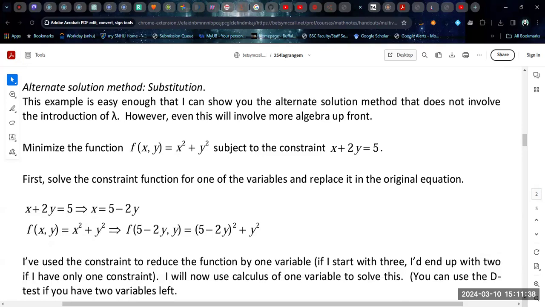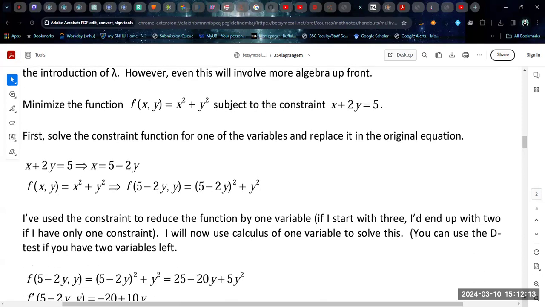Now, for this technique for solving this problem subject to this constraint, there are other ways to go about solving it. And so just, again, so that you're aware of the variety of ways that you can go about this, you can use this constraint to turn this into, instead of a problem of 2 variables, a problem of just 1 variable. So here I've solved for x in terms of y. I can substitute my 5 minus 2y in for x, and I get this.